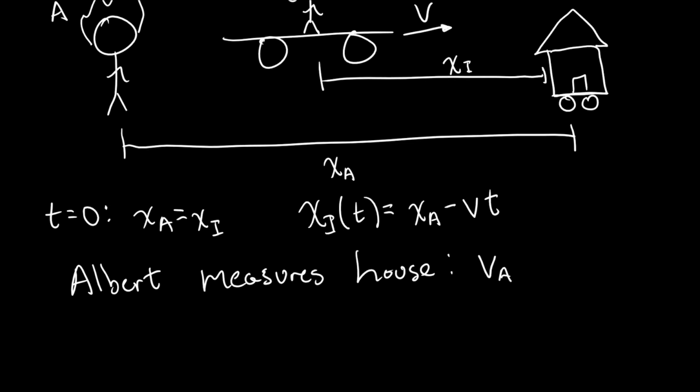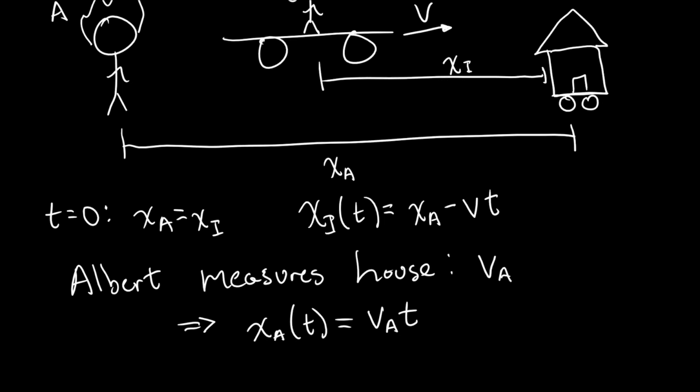So that tells us that after some time, Albert measures the house a distance VA times t away, plus some x0A, the initial distance away from him that it started in his frame. And just to make things a little bit simpler, we'll say that he started on top of the house. So he started with it at a distance 0 away.